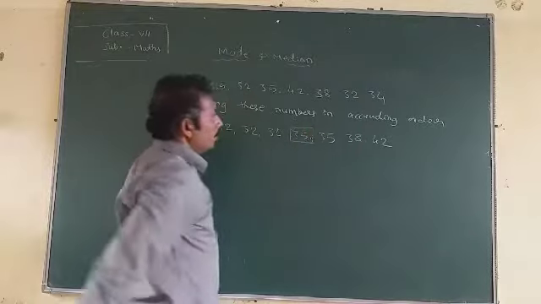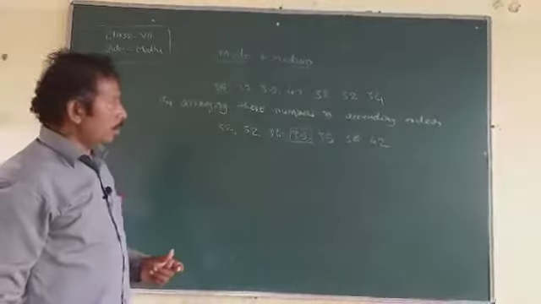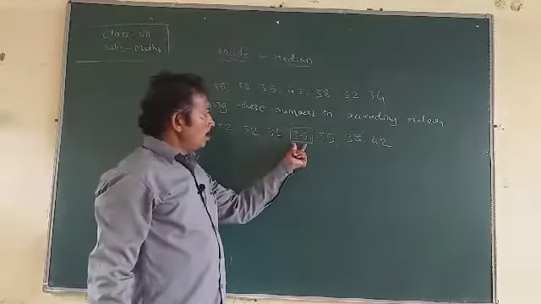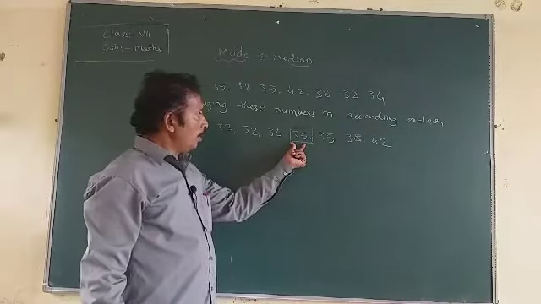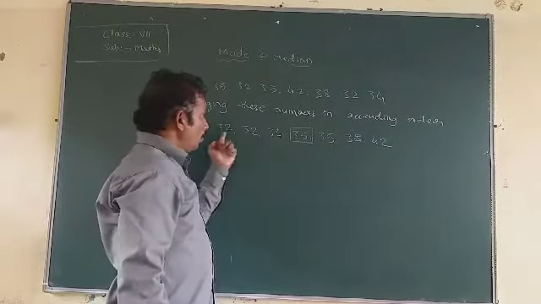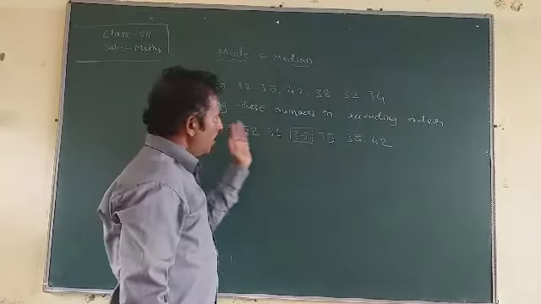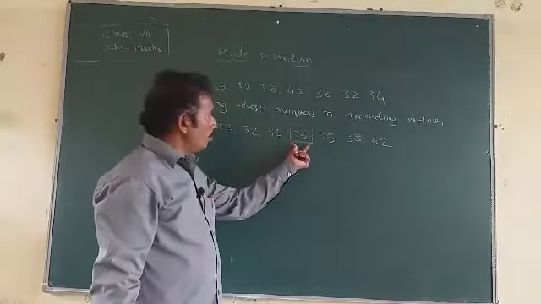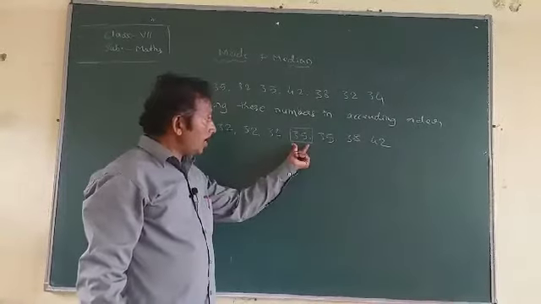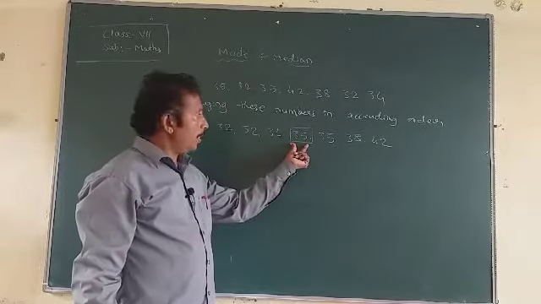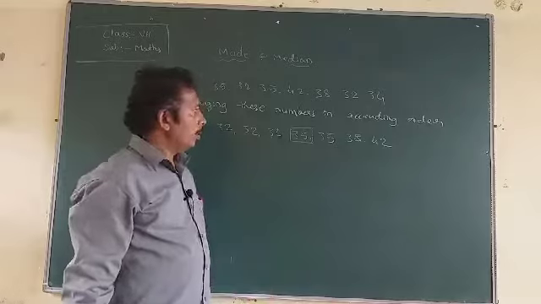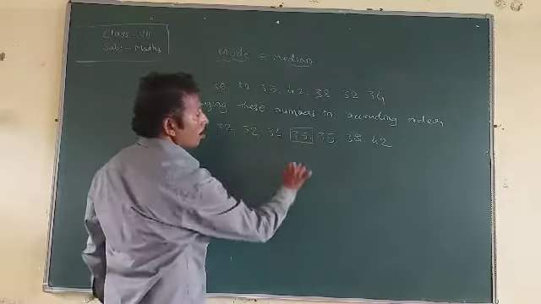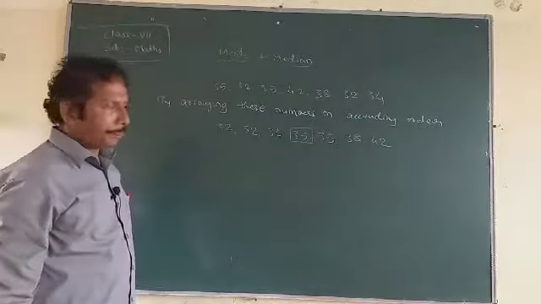This is the center number. From this 35, there are 3 numbers to the left side and similarly 3 numbers on the right side. Therefore, this number lies exactly in the middle. So this is called the median.